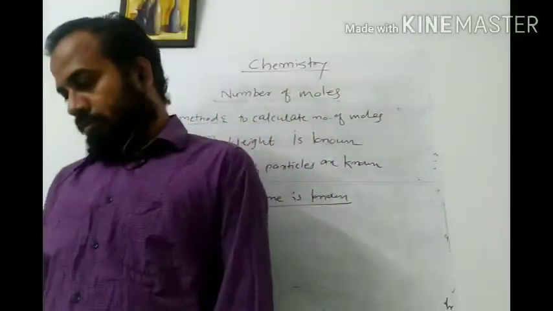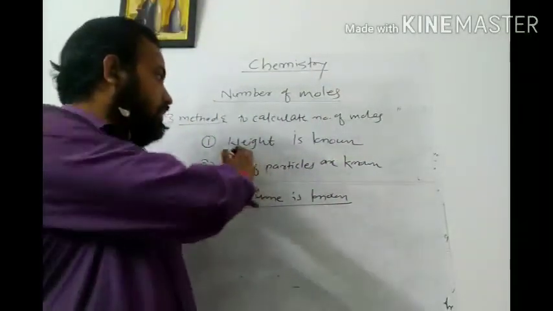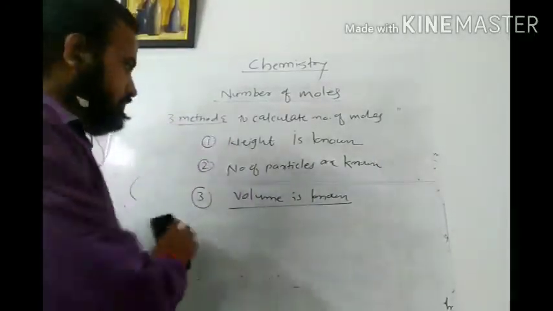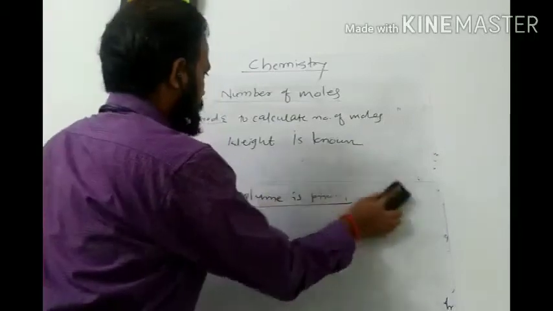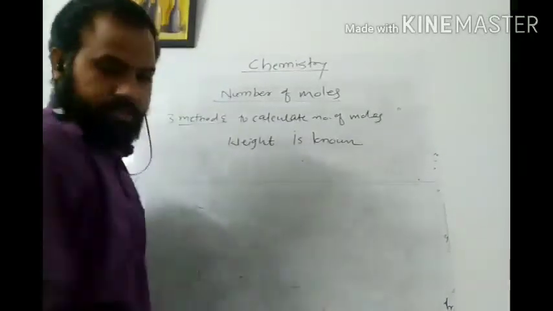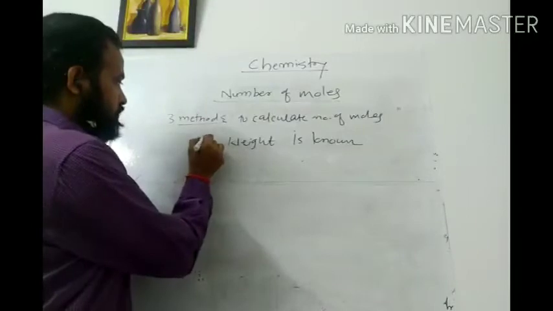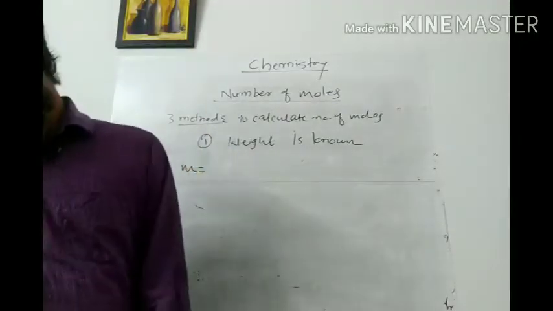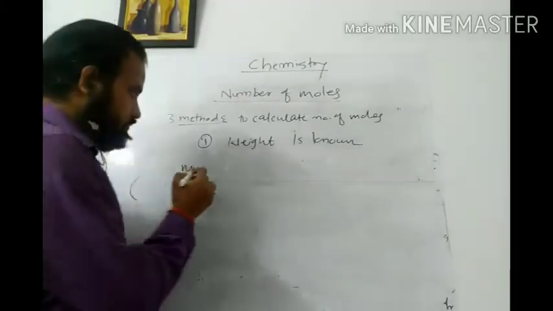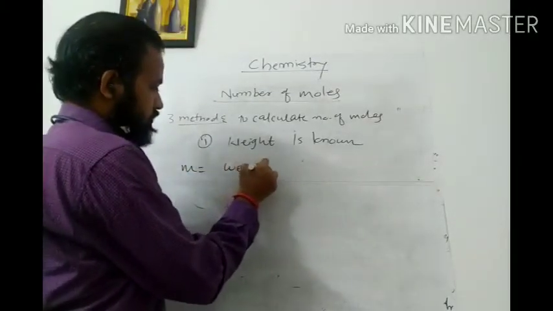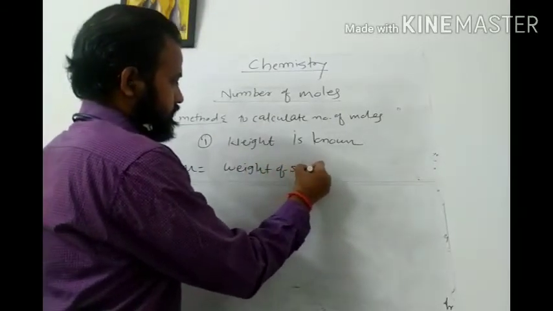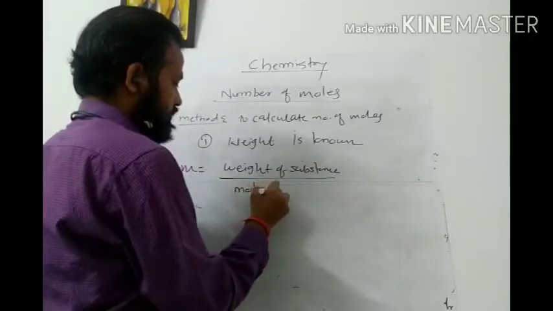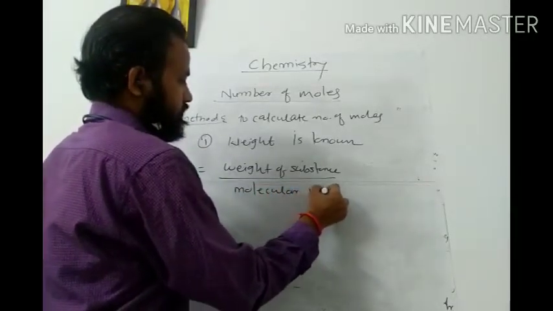First, to calculate the number of moles when weight is given, we have to use a simple formula. Firstly, we will discuss the first method, that is, weight is known. Number of moles, denoted by small m, equals weight of a substance divided by molecular mass.